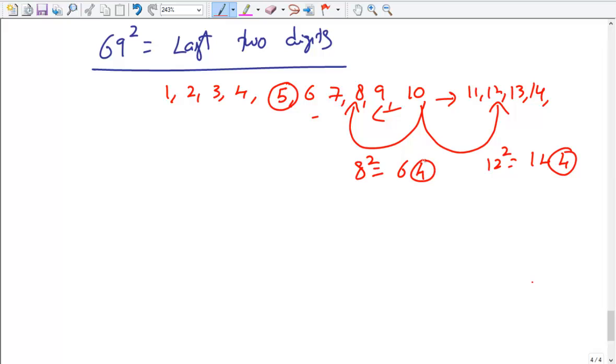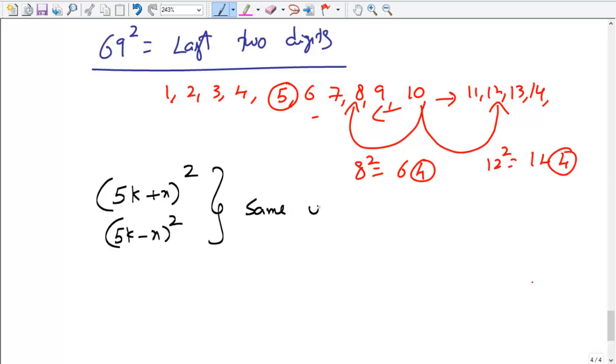What are this 5 and this 10 actually? These are very simple. 5 and 10 are multiples of 5. So if at all you have two numbers, (5k plus x) whole square and (5k minus x) whole square, these two numbers end with the same unit digit.